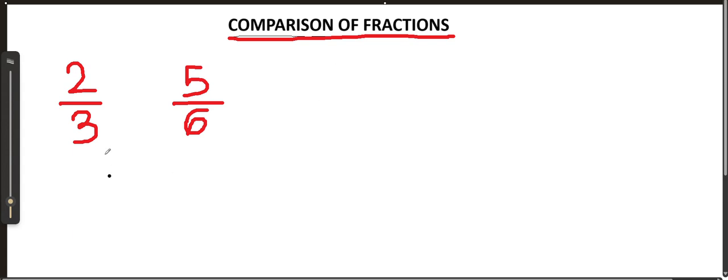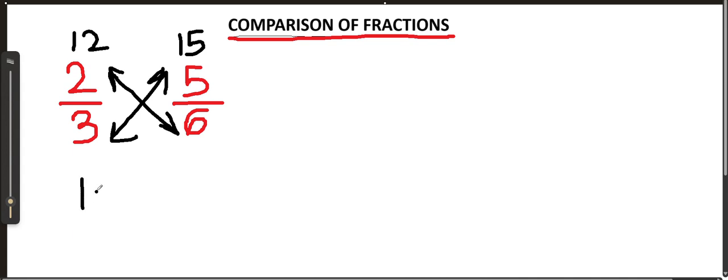The first one is, we can easily cross-multiply these numbers. So 2 times 6 is equal to 12 and 3 times 5 gives us 15.